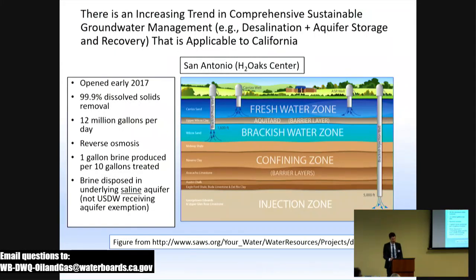For each 10 gallons that it treats, you get about a gallon of brine, and then that brine is actually disposed of in saline aquifers. So it's injected downhole into saline aquifers, which makes it feasible to not only have a desal plant at the coast where you can discharge to the ocean, but to actually have these increasingly inland and use injection wells to dispose of the brine.